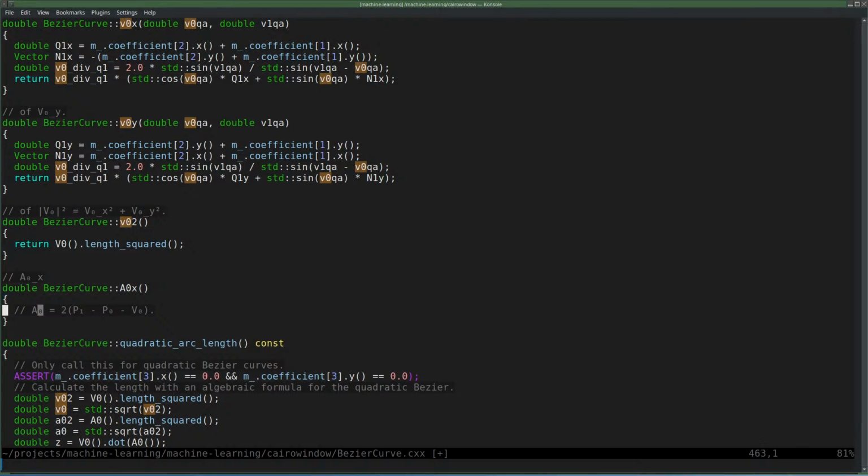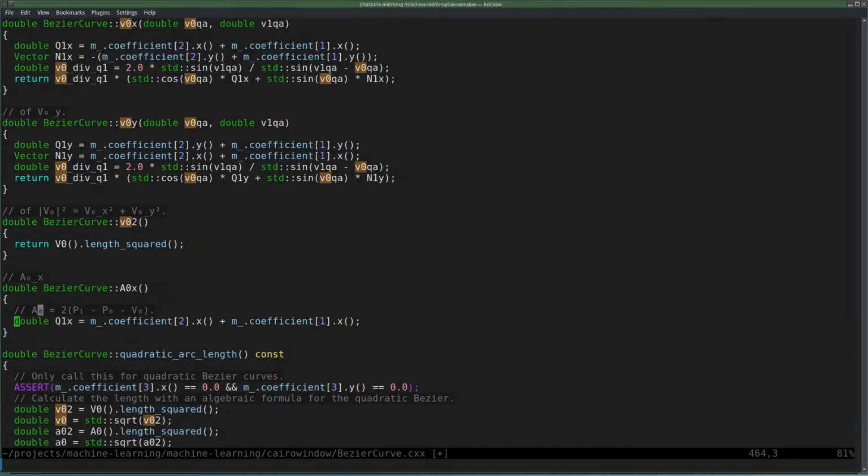So I need Q1 again, and well, only the X coordinate. Q1 being P1 minus P0.